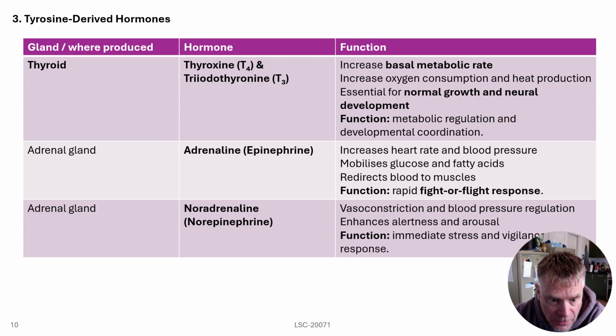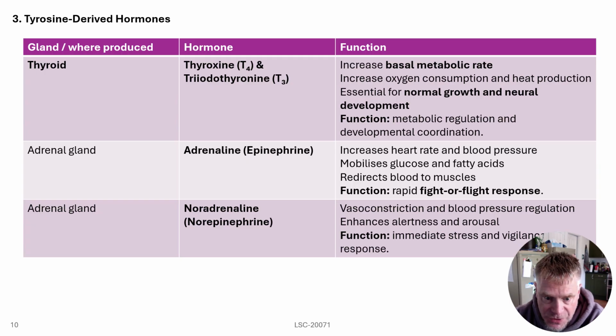And last up for this whole tour of the different hormones, we've got the adrenal gland, which is producing adrenaline. That increases the heart rate and blood pressure, mobilizes glucose and fatty acids, redirects blood to the muscles, has function in rapid fight or flight response.